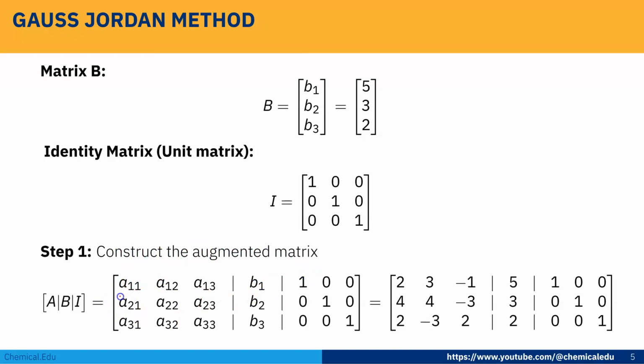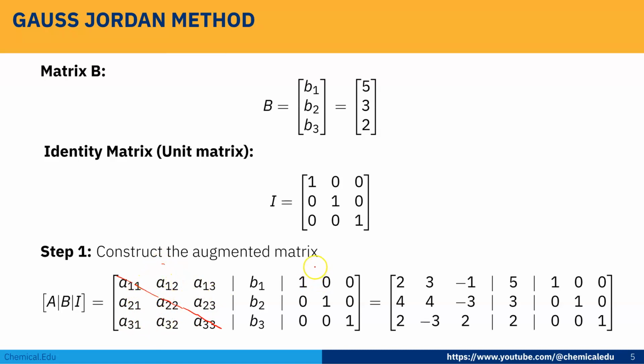Now we have to take the diagonal element and do the elimination method. All the other elements we have to make 0, and we have to make this matrix an identity matrix.